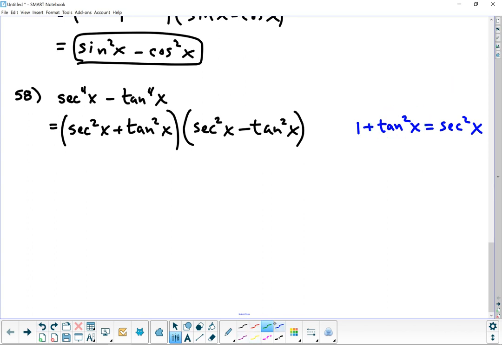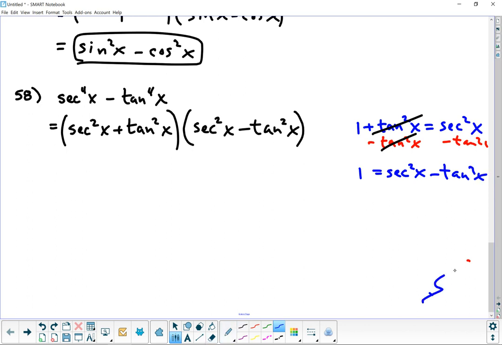So I would get minus tangent square x on both sides, and these would cancel. So I would get 1 equals secant square x minus tangent square x.